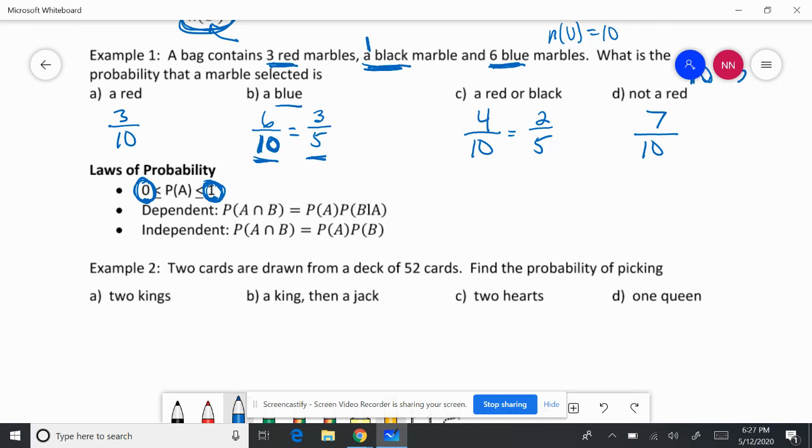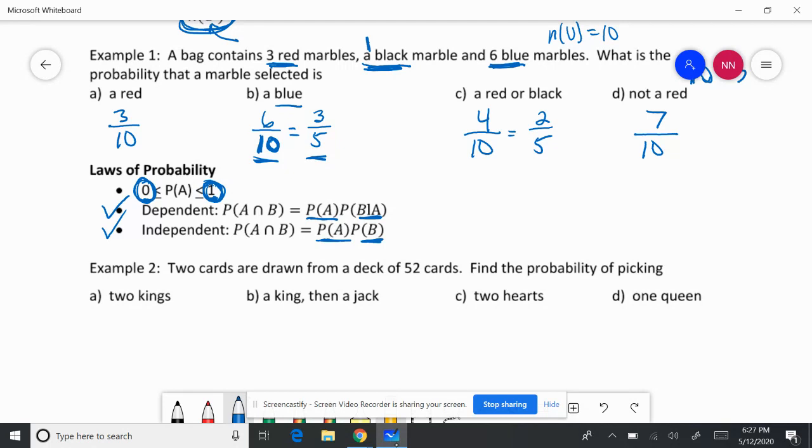Now we're going to look at two different types of probability models, dependent and independent. Dependent is when one event is affected by another event. Independent probabilities are when one event is not affected by another event. We're going to look at dice and cards.